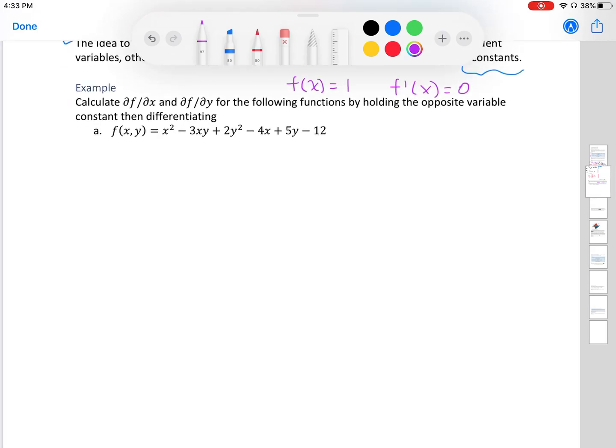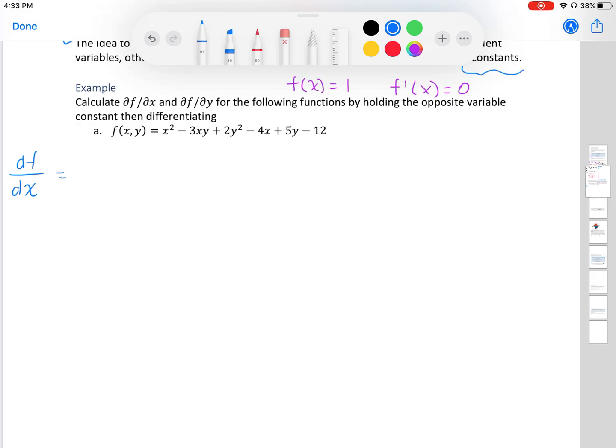Calculate df dx and df dy for the following functions by holding the opposite variable constant, then differentiating. So let's start off with df, or should I be proper, the partial derivative of f in terms of x for this function given.